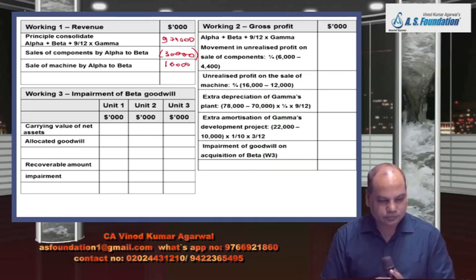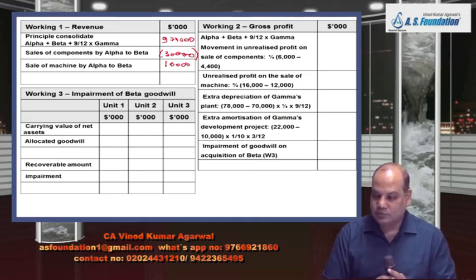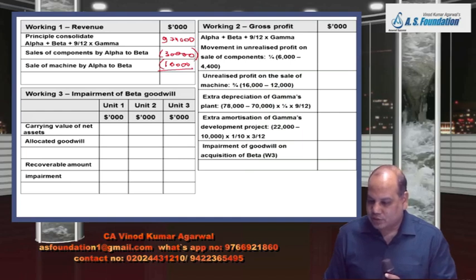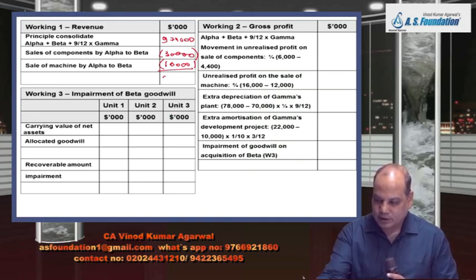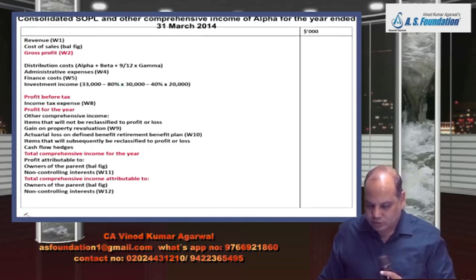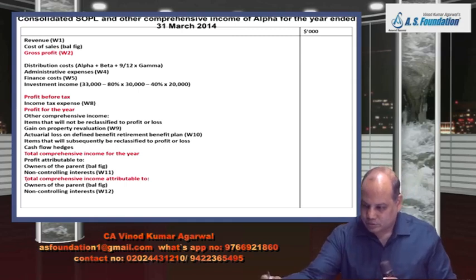See this note? Is it there 16,000? So what is my revenue to be shown in consolidated financial statement? 9,28,000. So we will come to main page. 9,28,000. One figure we will lock.